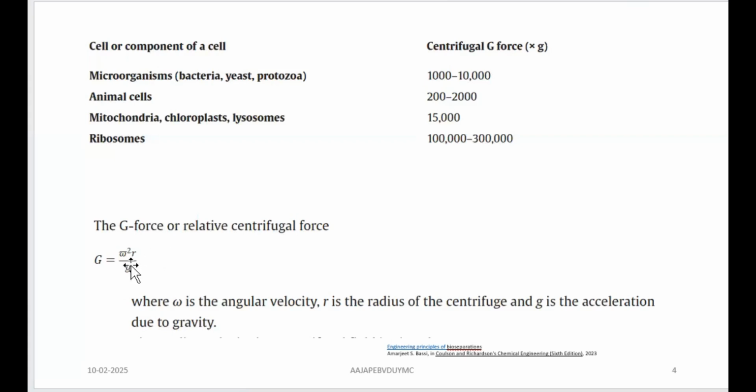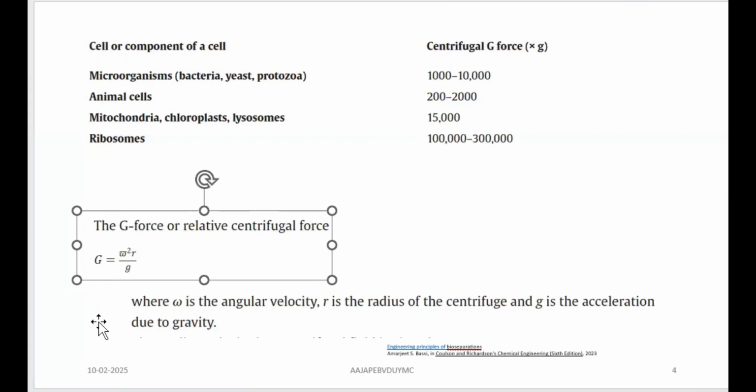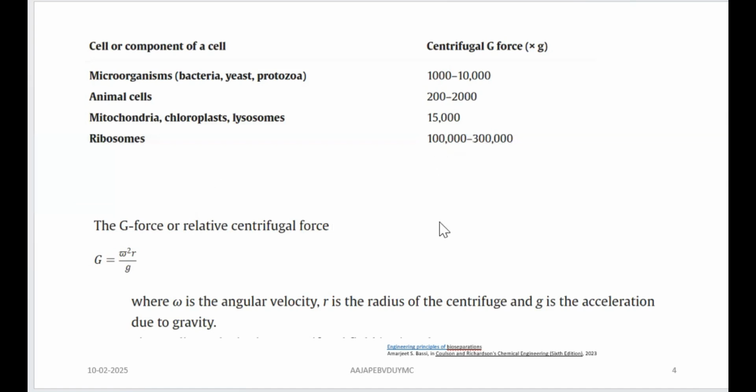Now, this formula can be further modified. In place of G, you can add capital F, so capital F equals m omega square R. Can we rewrite this? What is the formula now?